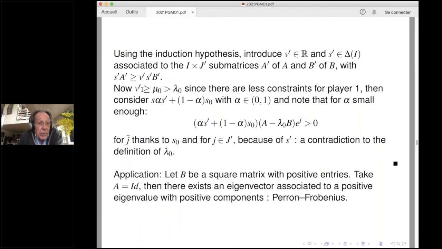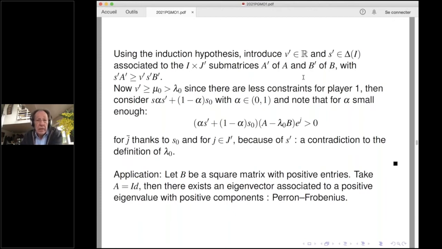Okay. So by induction, this game has a value. And the value of the new game is greater than the value of the old game. Why? Because player 2 has fewer strategies, so you take the min in the max-min on a smaller set. So this implies that V prime is greater than mu 0, and mu 0 was supposed to be greater than lambda 0.